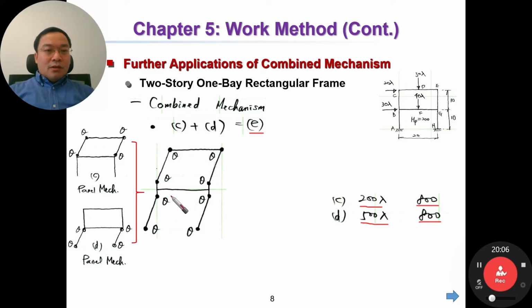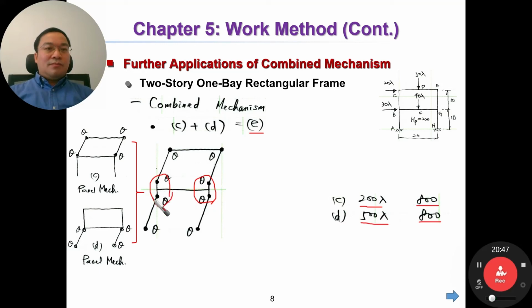Here, take a look at the joint at B and the joint at G. They are the same, so I'm going to explain the joint at B and G is similar, okay? Take a look at this joint. We have the column and beam, and they are the same section, okay? It means the section of beam and section of column is equal. Then Mp is equal.